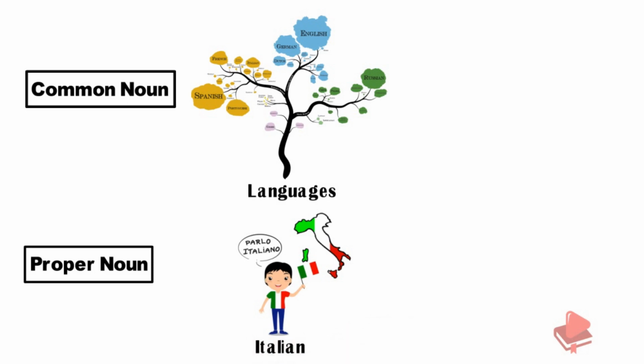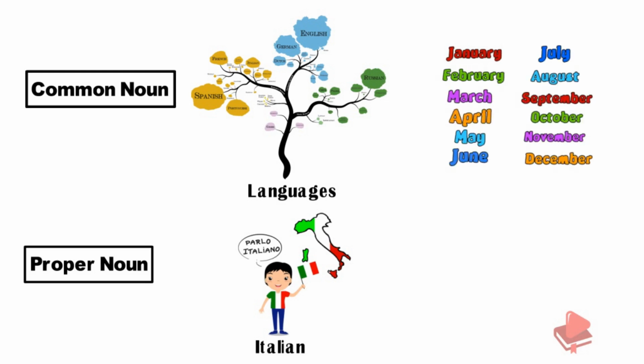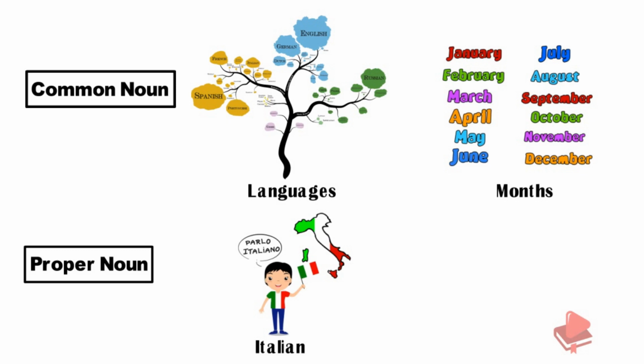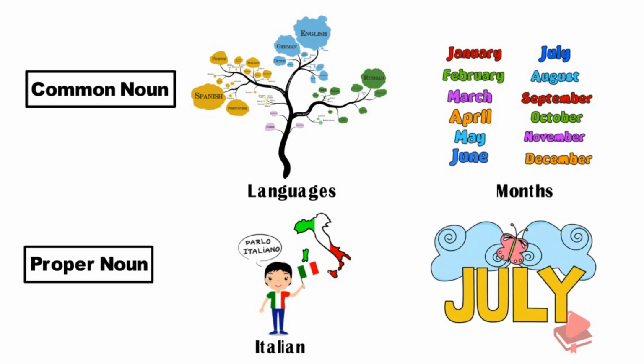So this comes under the category of proper noun. The next one under the common noun category is months, that is from January to December. So it is a common noun. Whereas if we talk about a single month, for example July, it comes under the category of proper noun.